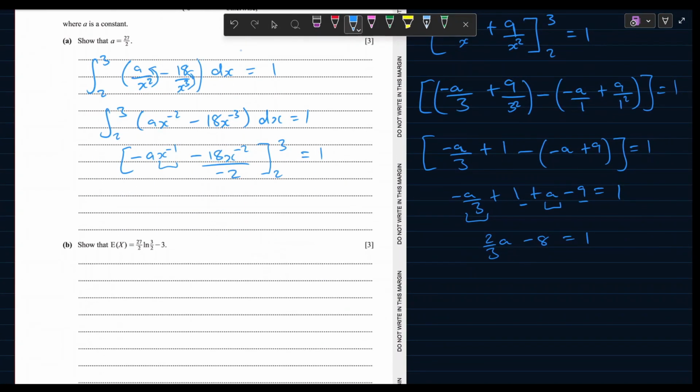So we get that 2/3 a is equal to 9. And so if you multiply both sides by 3 over 2, you're going to get a is equal to 9 times 3 is 27, 27 over 2, which is exactly what we're trying to prove.